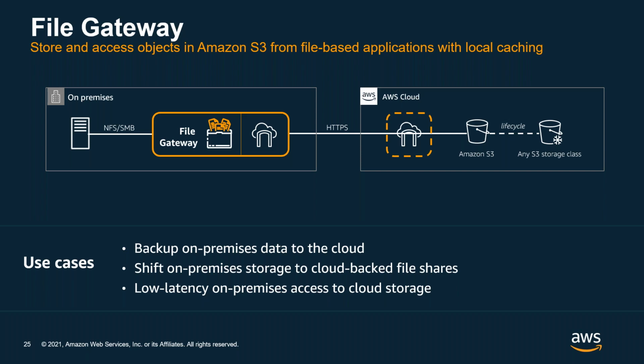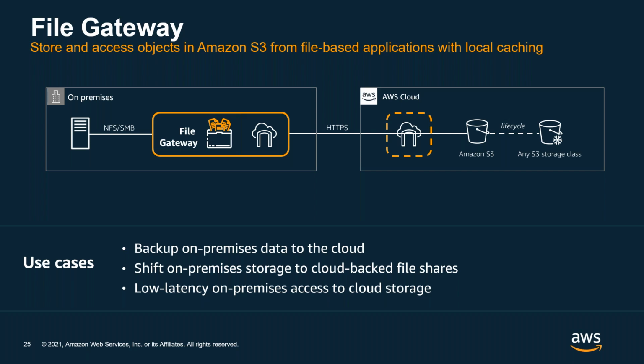Once those NFS shares are mounted from File Gateway and you start writing data to that NFS share, behind the scenes File Gateway is going to transparently upload that to S3. So this is great for applications where you'd want to store a copy in S3, but you don't want to refactor the application to have to talk to object storage, right?